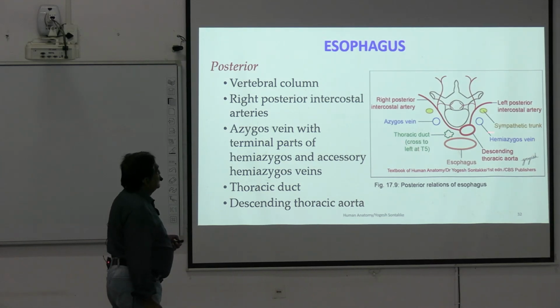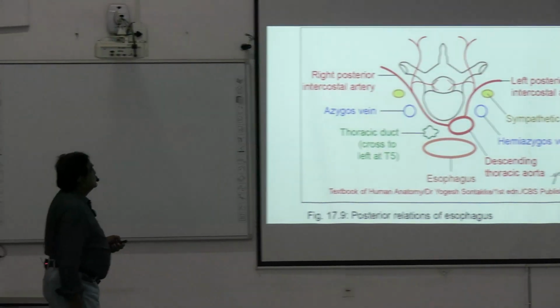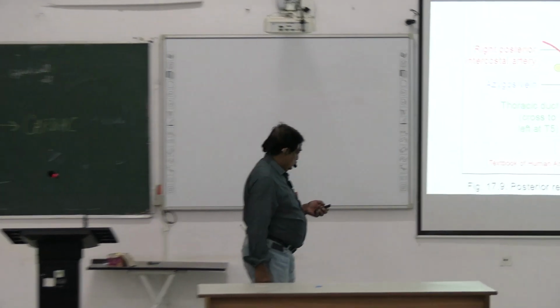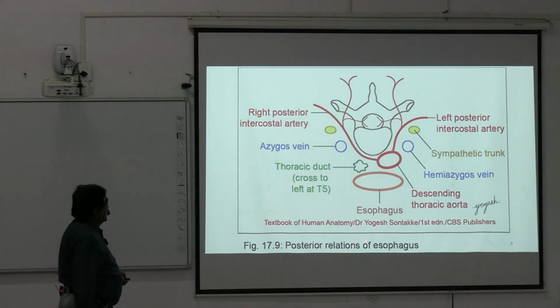Now from the right side it crosses to the left at the level of T5, the thoracic duct. This is the azygos vein, now descending thoracic aorta, and this is the esophagus. Now this is a repetition, posterior relation of the esophagus.